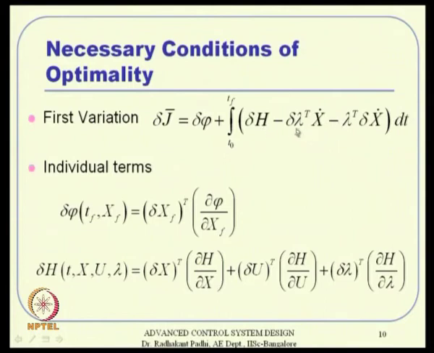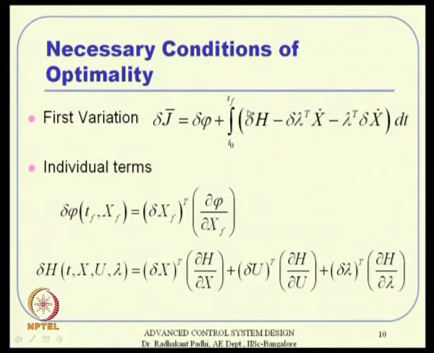Now, let us analyze this term by term. See del phi, for example. Phi is a function of t f and x f, and remember t f is fixed, so there is no variation on t f as such. The variation of phi comes through the variation of x f only. Hence, the first variation del phi turns out to be del x f transpose times del phi by del x f.